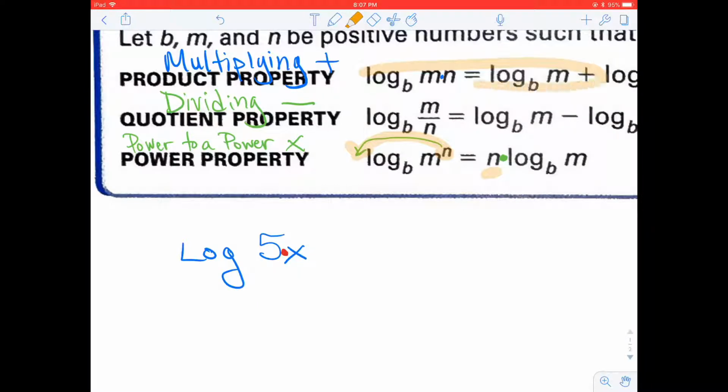So here we go. We're going to rewrite log, and we're going to pull out that 5 first.